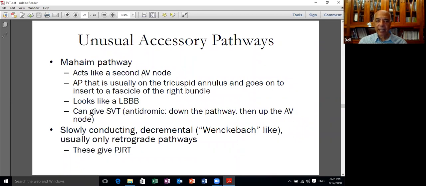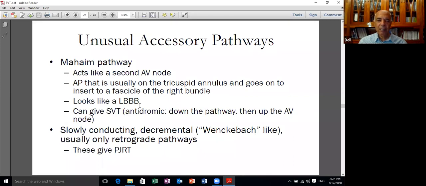If you pace the atrium, you will get progressive conduction delay across this pathway because, like the AV node, it shows decremental conduction. Now, this accessory pathway, as I said, crosses the tricuspid valve, and it inserts into a fascicle from the right bundle. If you pace it, then you get a left bundle branch block pattern.